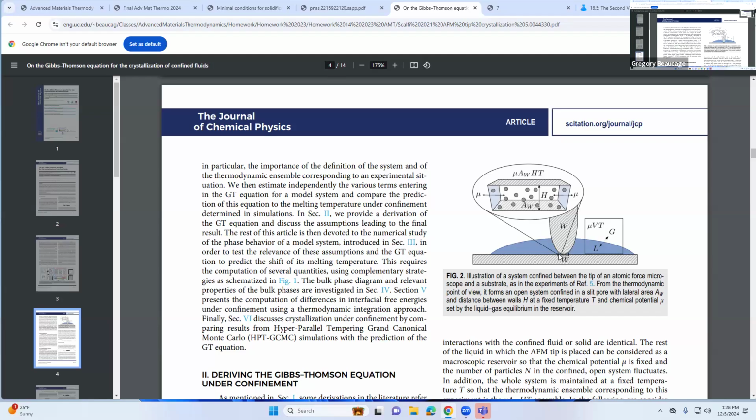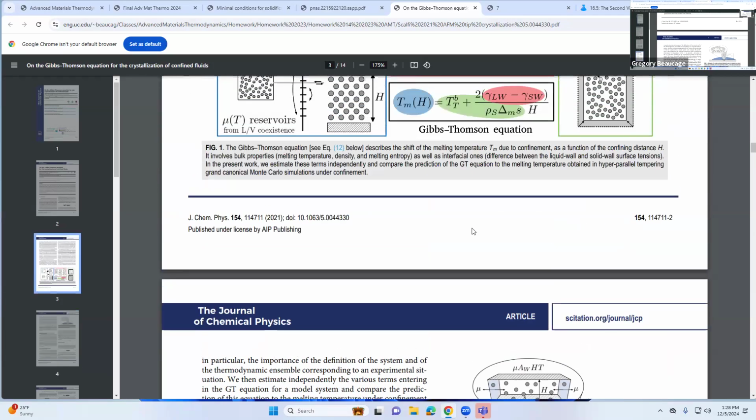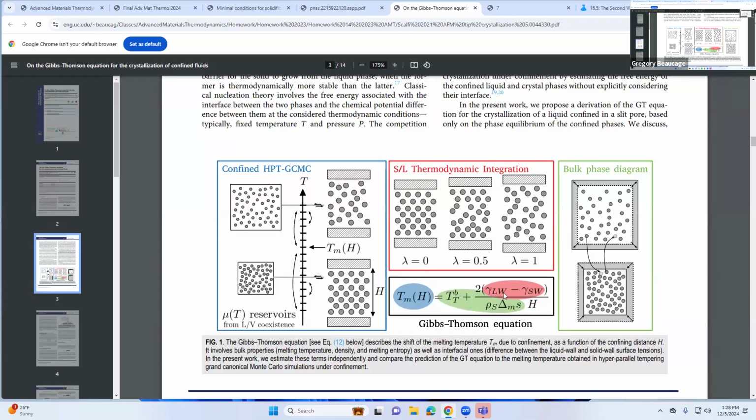Whether it melts easier or harder depends on the interaction between the surface and the liquid. Here there's no interaction in this case, but in this case there's some kind of interaction. So if the surface enhances crystallization, this delta liquid, water, solid, or liquid W, what's W?